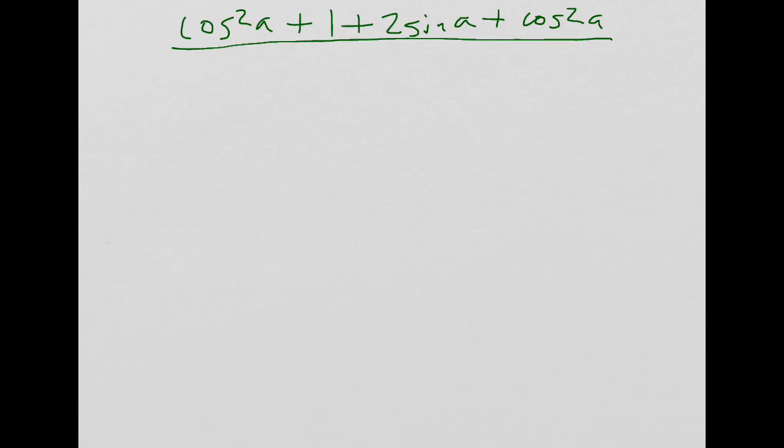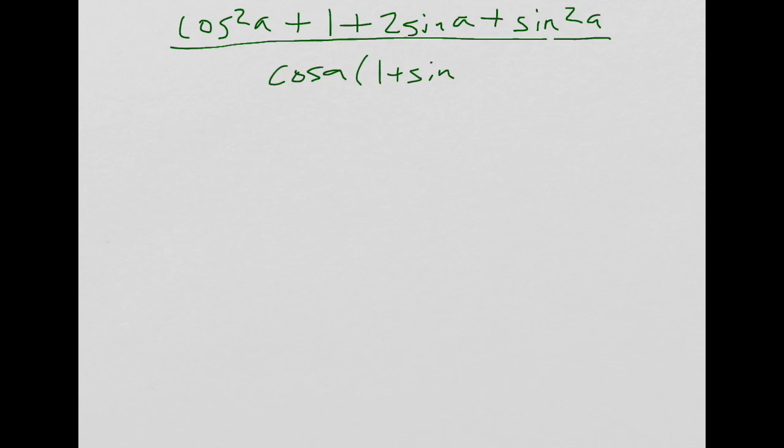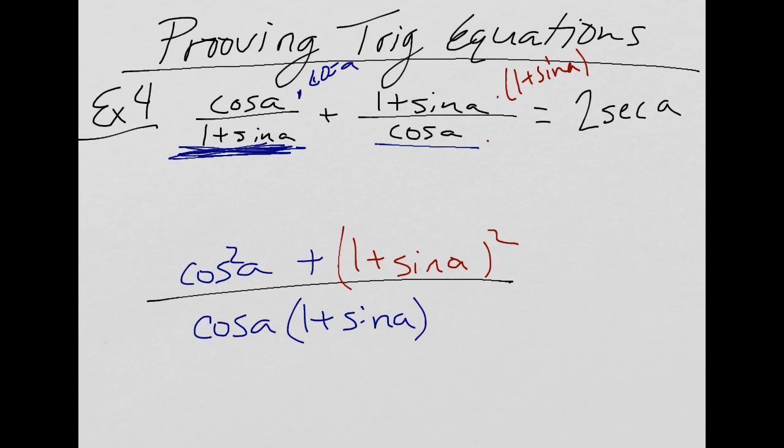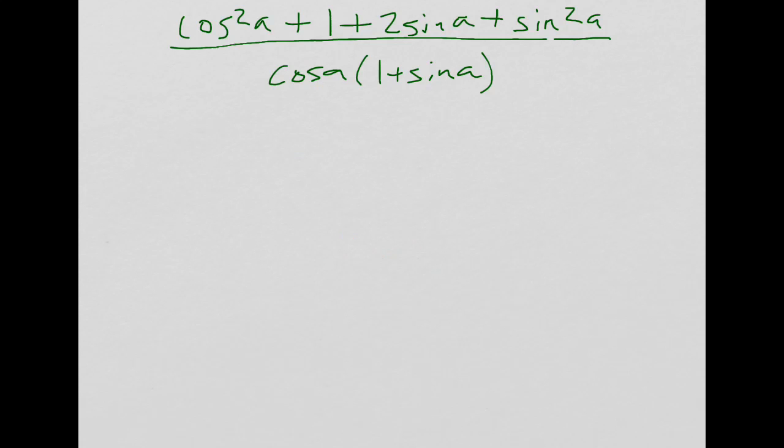Oh, that's not cosine, that's a sine. That's sine squared A, in case you can't read that. And then we've still got cosine A on the bottom. Does anybody have any questions about where I got any of that from? All I did was pull out that part in red right there, on the next page.